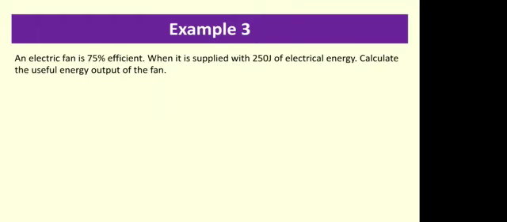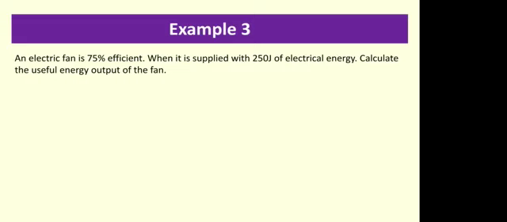Now this one is the rearrangement of the equation that I was talking about before, and you can do it in a couple of different ways. So we've got a 75% efficient fan. When it's supplied with 250 joules of electrical energy, again, when it's saying electrical energy here, it means electrostatic. Calculate the useful energy output of the fan. So we want to know how much of the 250 joules is transferring to the useful store.